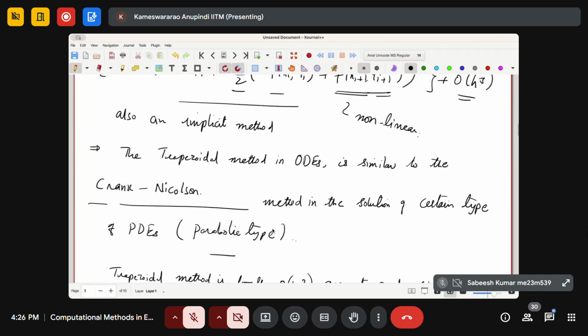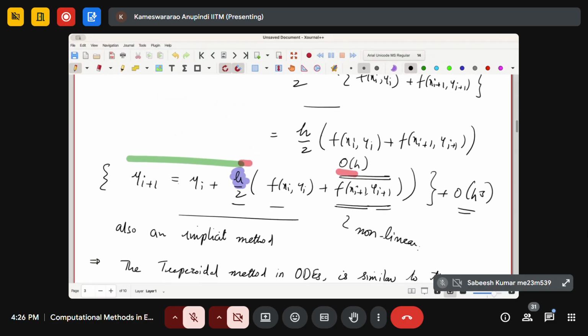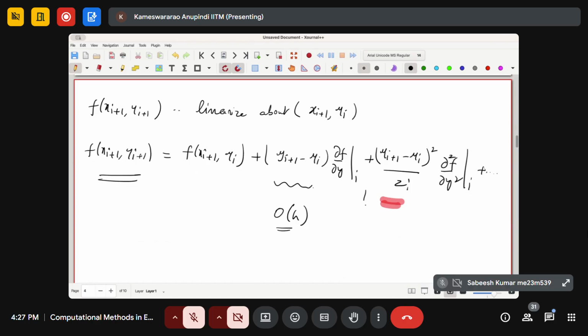Let us see. Okay, so I have h by 2 times f of x_i, y_i plus f of x_{i+1}, y_{i+1}. Okay, so this term, if I can express it to order h square. Oh, okay. So I'm going to include this term, right? This is order h, but then the next term is order h square. So the truncation error, which I'm not going to write, is of the order h square.